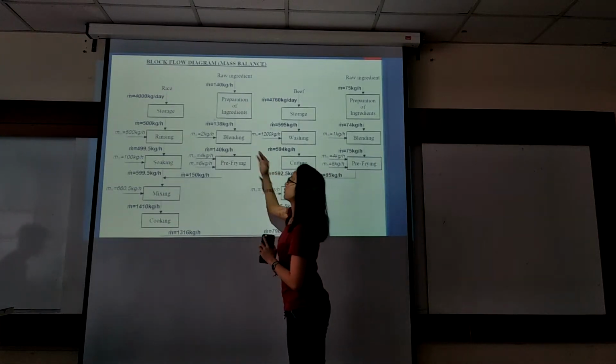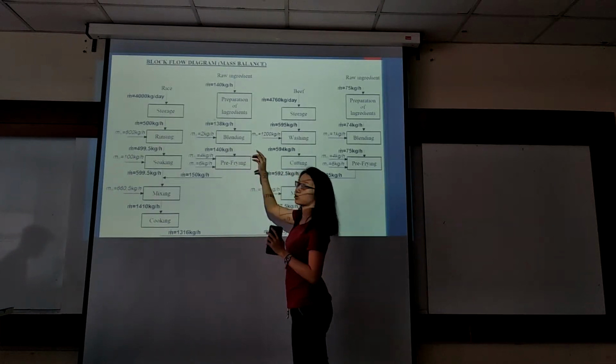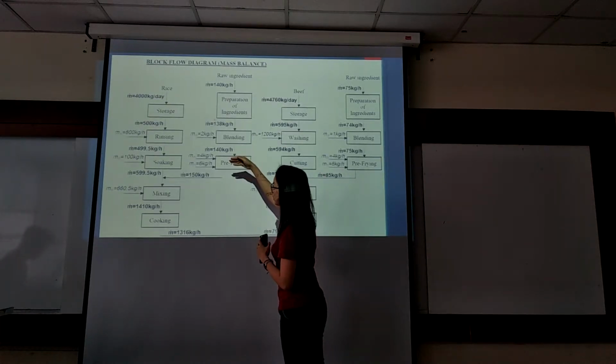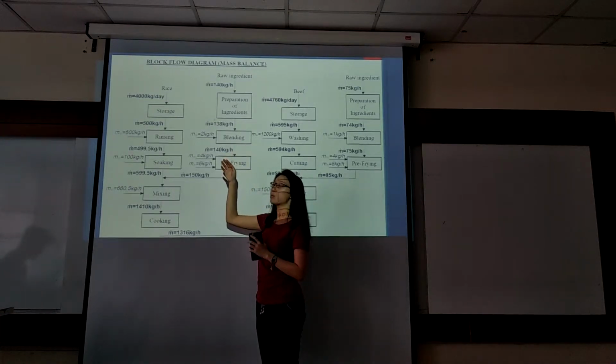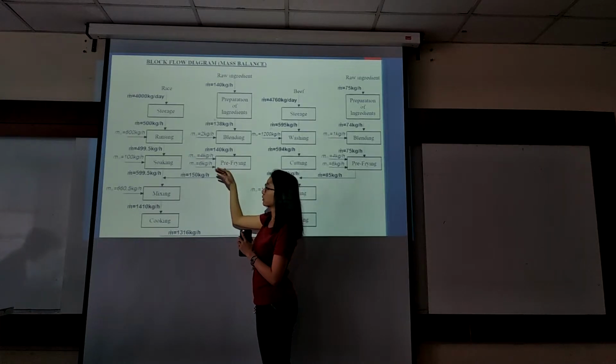So for the rice, we will need 4,000 kg per day of rice entering the storage. And then from storage, the outlet is 500 kg per hour of rice. We will cook the 500 kg first for processing.